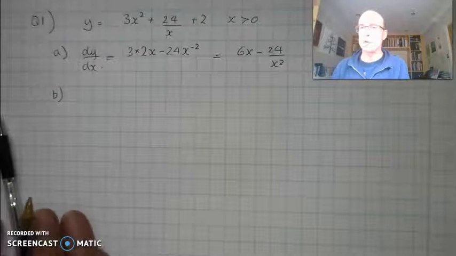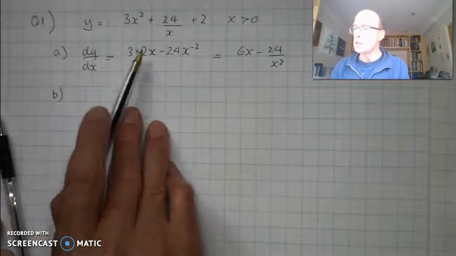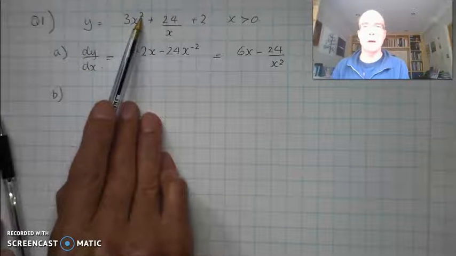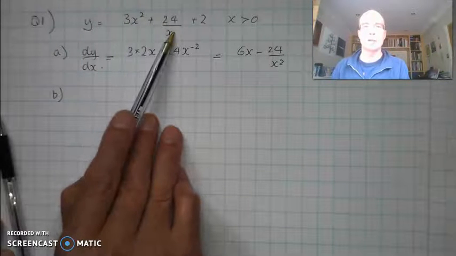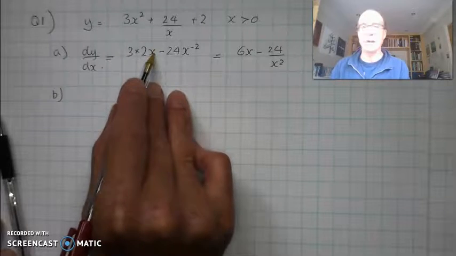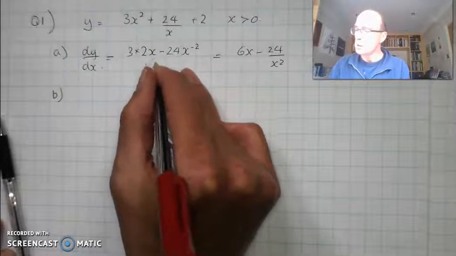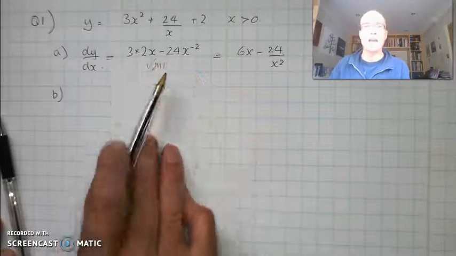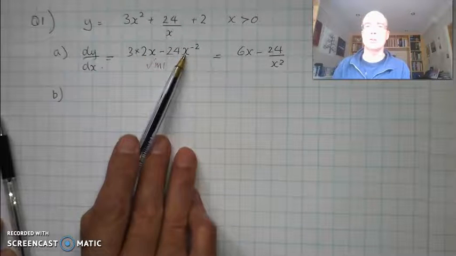This question was really generous in terms of mark scheme. To correctly reduce the power of either of these terms by 1 got me a method mark, and then an accuracy mark for both of those terms.